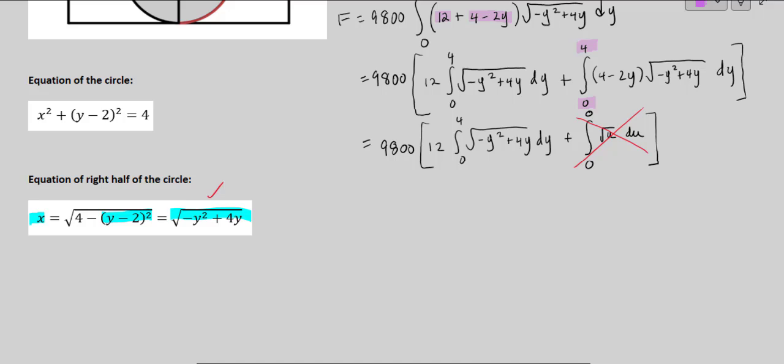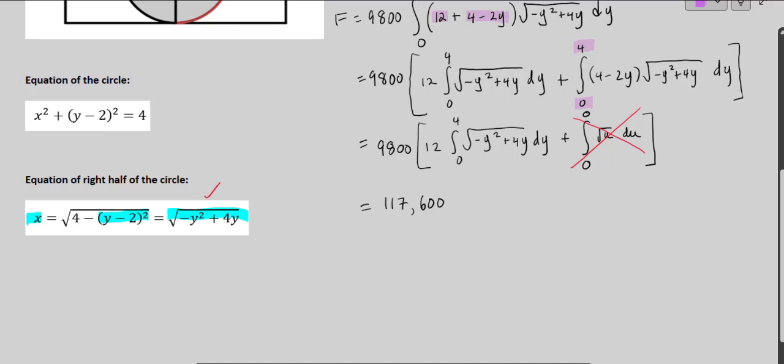That leaves us with this geometric piece over here. We are going to take the 9800 and multiply that by 12. So bring that to the front, and we're going to have 117,600. And next we have to interpret this integral here.